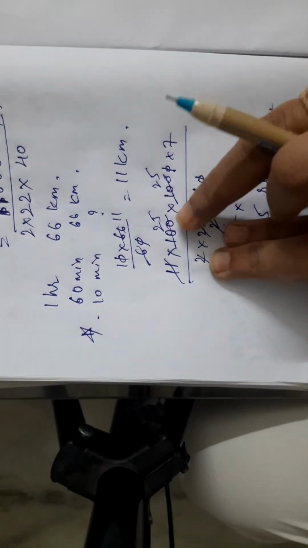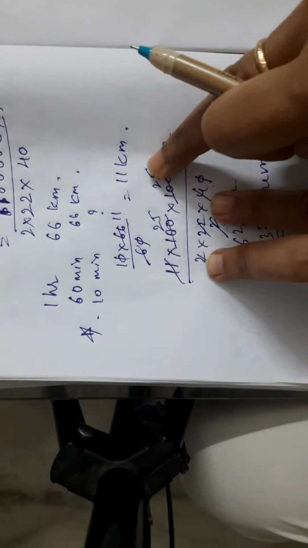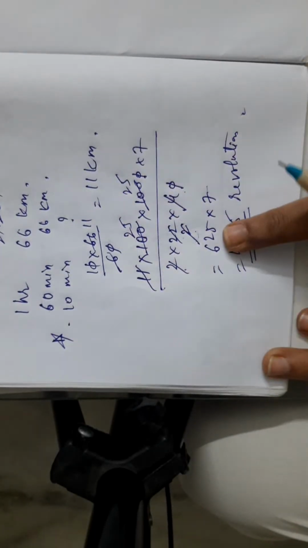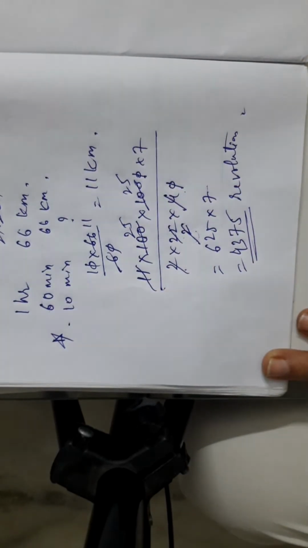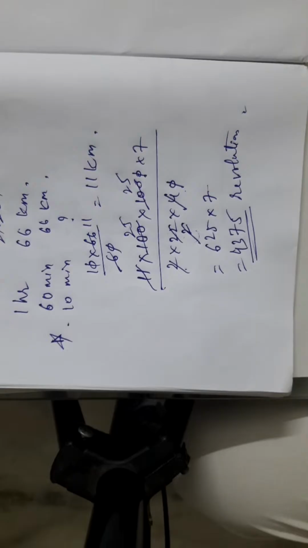With 4 directly I cancelled 100. 4 25s are 100. Got it? 25 25s are 625. Then the 7. Is it clear now? Having a little smart, fast calculation. Is it clear, Vivek? Okay.